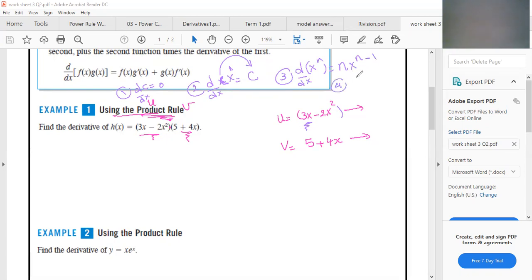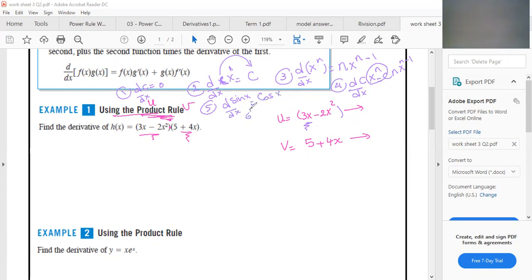Fourth rule: the derivative of a constant multiplied by the power function, c x to the power n, is this constant multiplied by the derivative of the power function, which is n x to the power n minus 1. The fifth rule, don't forget, the derivative of sine x with respect to x is cosine x.